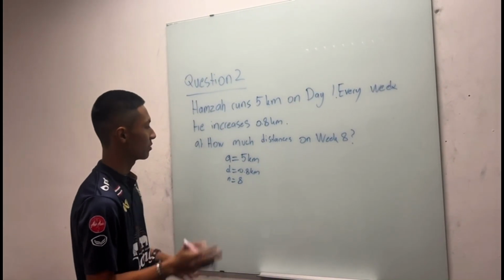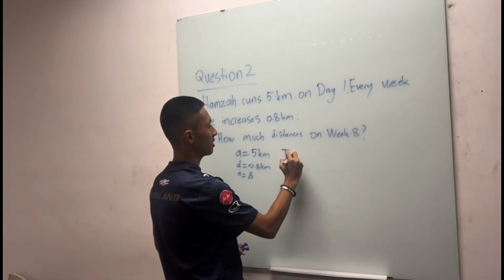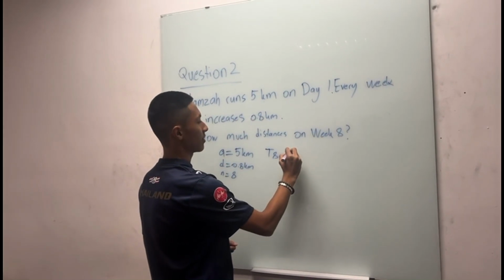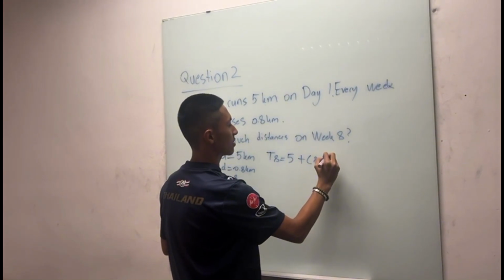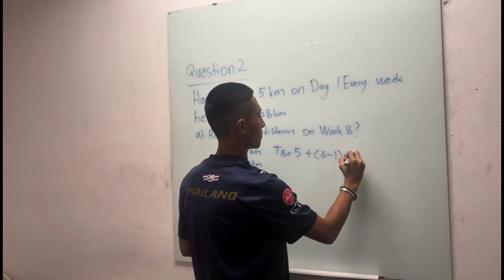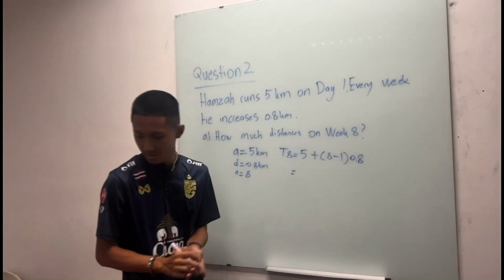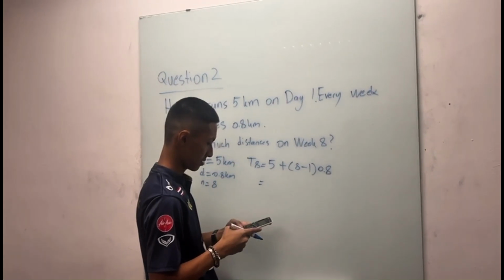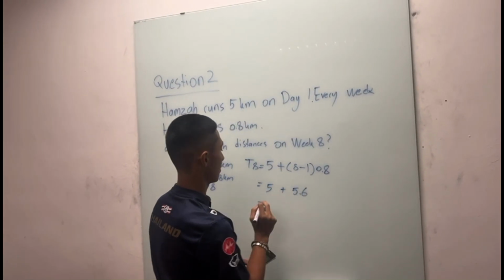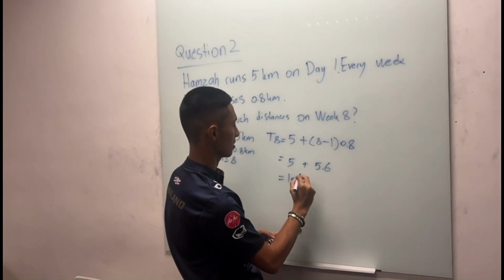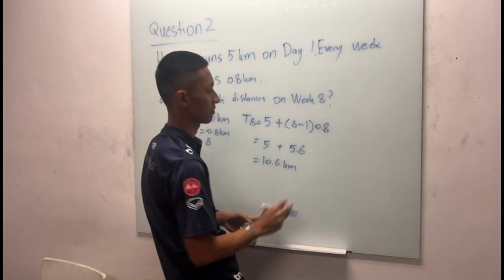So we put in the formula: T8 equals 5 plus 8 minus 1 times the difference 0.8. So 7 times 0.8 is 5.6. So in week 8 he runs 10.6 kilometers.